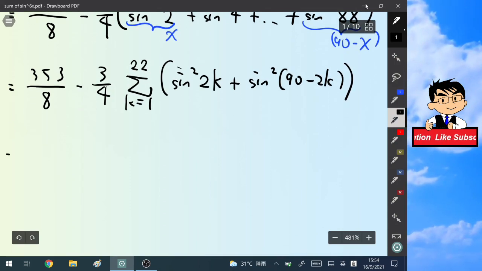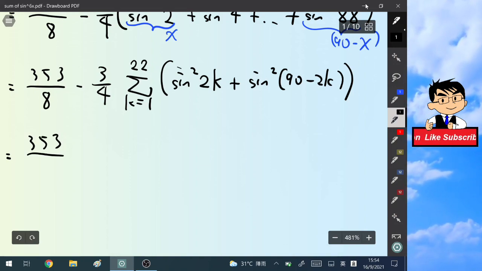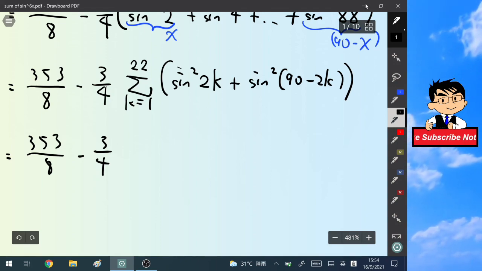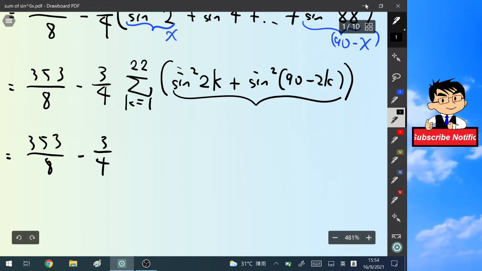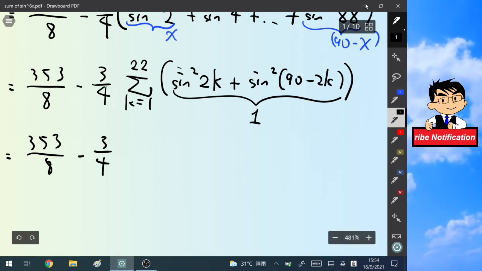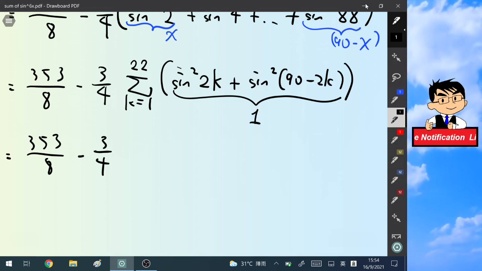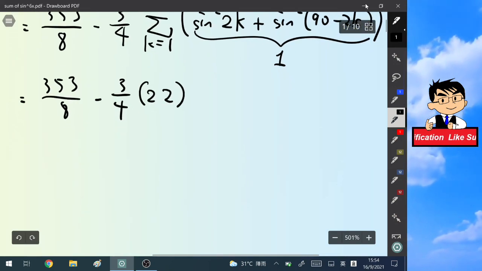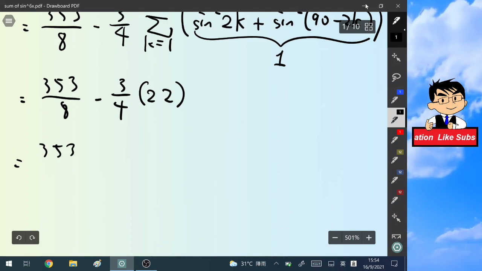Wow. So we write the remaining terms here. And then what are these guys? These guys is equal to 1. And then we have 22 pairs of 1, so we write 22 here. And then we are going to finish the question soon.